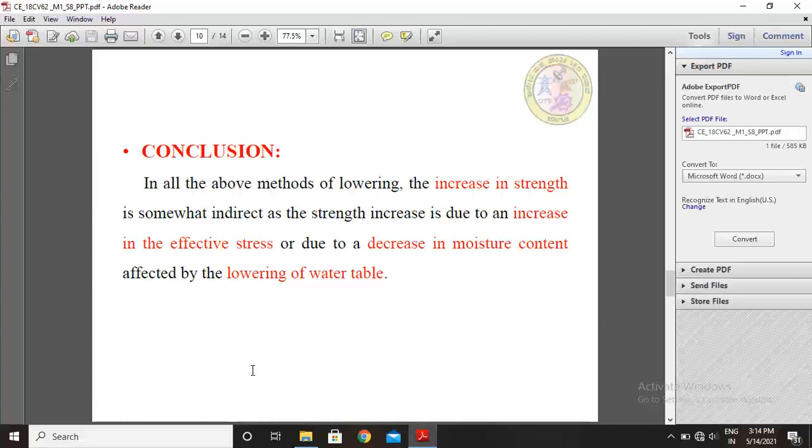If the strength is increased, durability is increased. Durability is increased means that the strength of the soil material is increased by lowering the water table. So this is the main conclusion from the drainage and dewatering concepts.